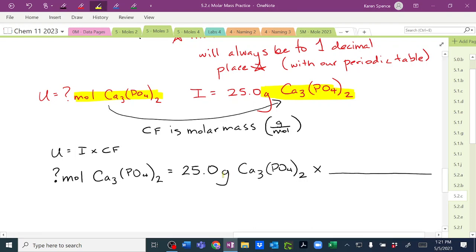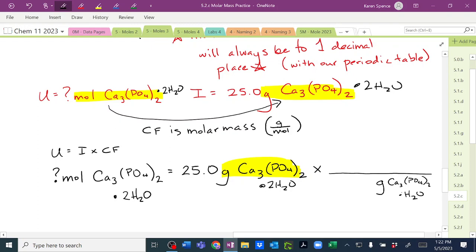What unit do we want to go on the bottom? Grams. Okay, so we need to put the grams of Ca3(PO4)2·2H2O. I forgot that in all my places, 2H2O. Really regretting the choice of such a large compound, but at least now you know it will never be any worse than that.